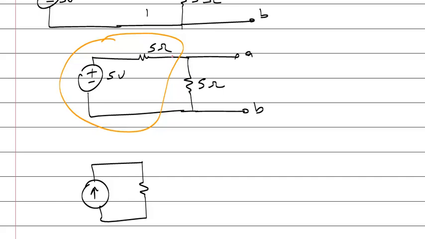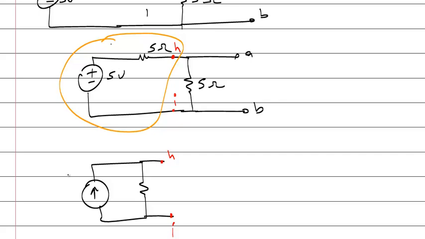Let me say this is point H, this is point I. The current value is voltage divided by resistance.